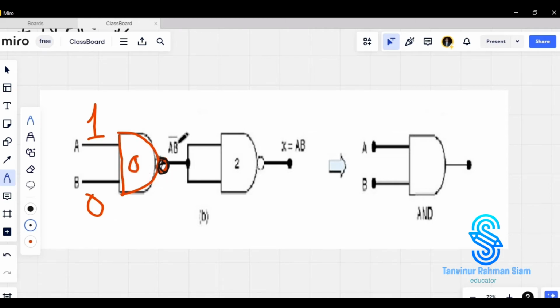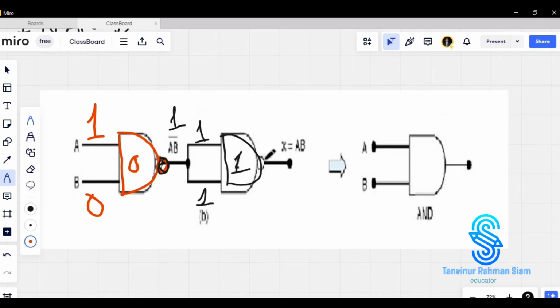So 0 will turn into 1. Now as the path is going in 2 directions, but the value coming here is 1, 1 will move there, 1 will move there. So 1 and 1 here is also AND gate, so you are getting 1 here.